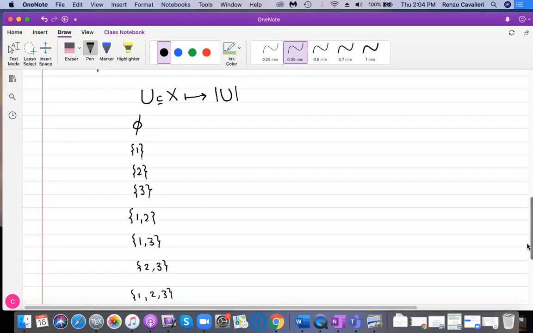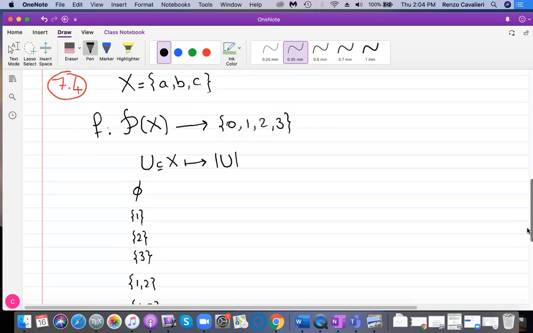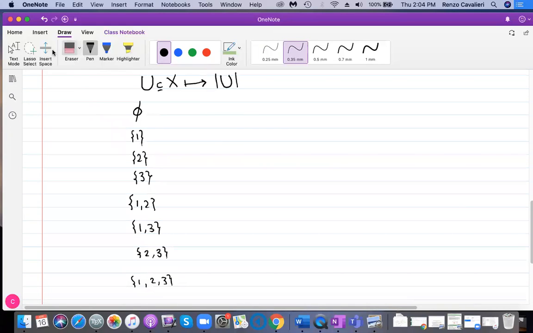Did I call them ABC? Sorry, let me fix this. These were supposed to be A, B, and C. So {A}, {B}, {C}, {A, B}, {A, C}, {B, C}, and {A, B, C}. Sorry.